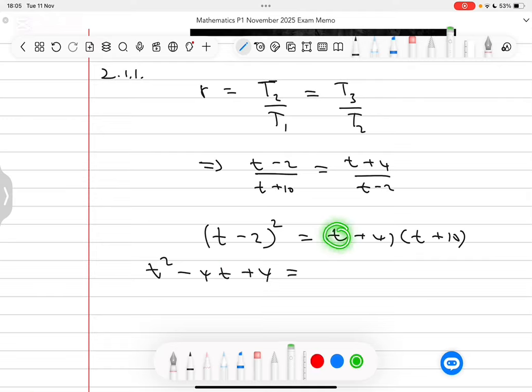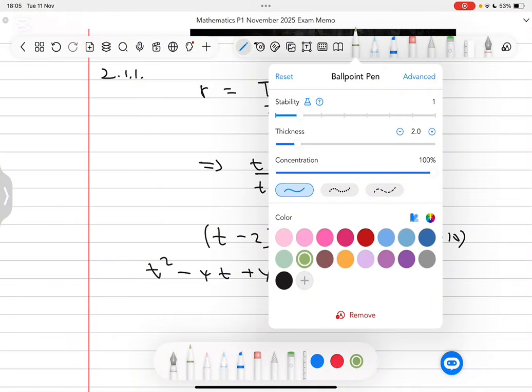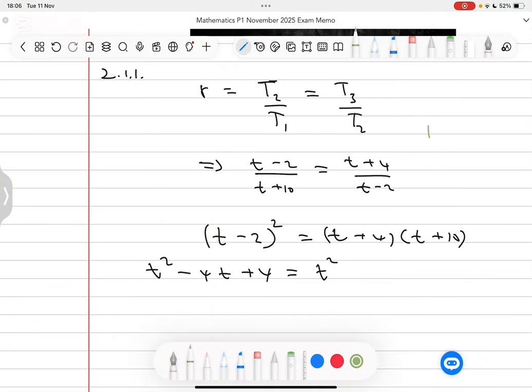For this one to be expanded, I'm going to say t times t gives me t squared. Then t times 10 gives me 10t. Then 4 times t gives me plus 4t.